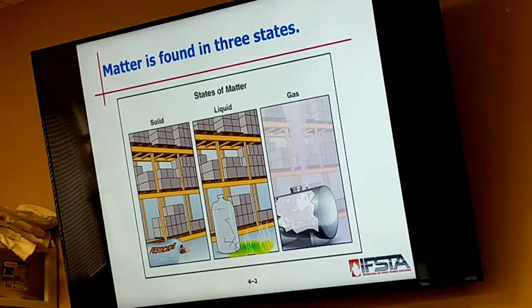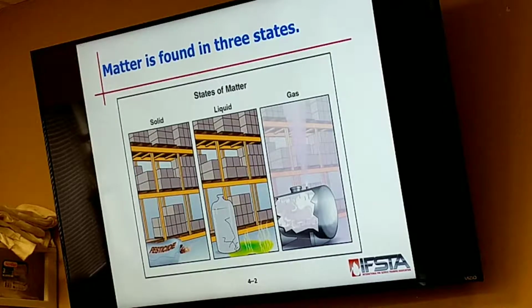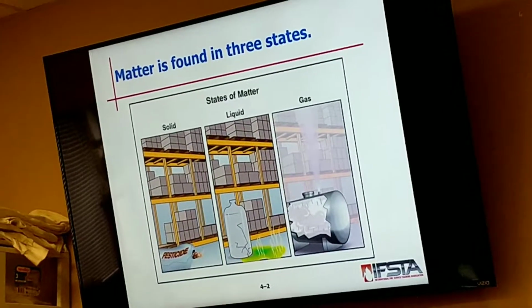What we need to look for is the material's physical and chemical properties, and that's going to tell us how it's going to behave. We're going to determine the harm it causes and the influences that affect it: what's it going to do to people, other living organisms, other chemicals, and the environment.